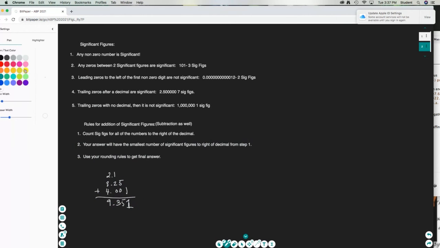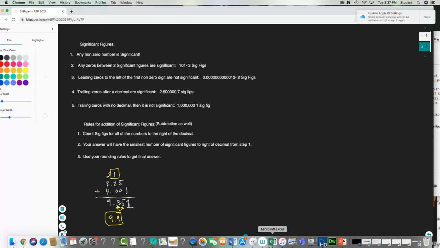And then since your smallest number to the right of the decimal is 1, you should only have one number here, okay? So what you do is you look at the number after it. If it's 5 or higher, you round this up. If it's 4 or less, you keep it the same, okay? So it'll be 9.4 in this case.